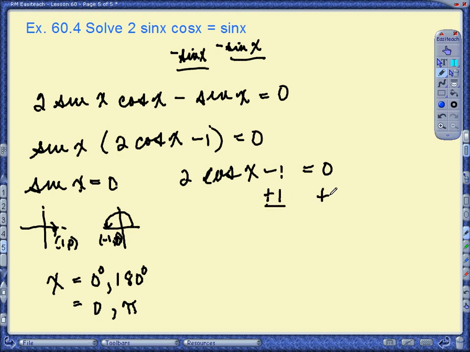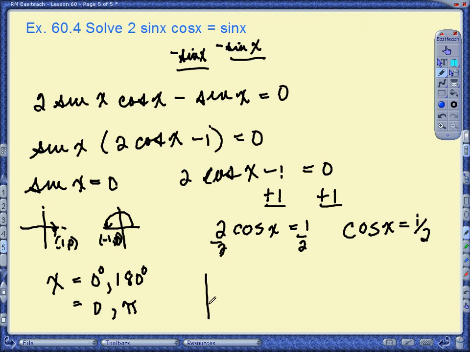And plus 1, 2 cos x equals 1, divide by 2, and we get cos x is 1/2. Now we know the related angle, and we also know where cosine is positive.